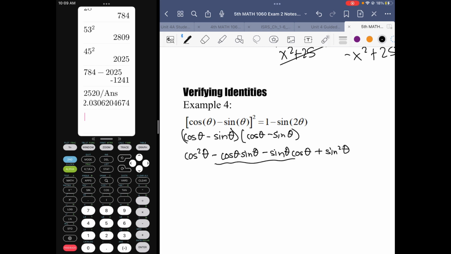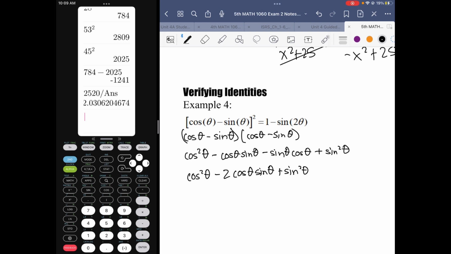Now, of course, these are actually like terms in the middle here. So this is actually cosine squared of theta minus 2 cosine of theta times sine of theta plus sine squared of theta.